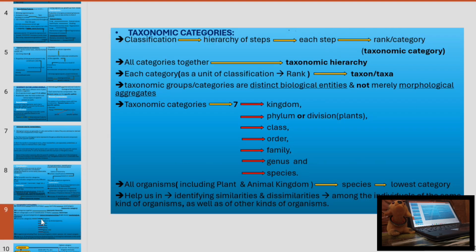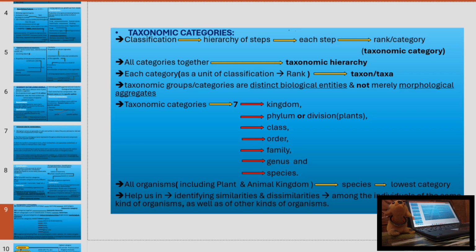And going to the next is taxonomic categories. This is important. Classification. In every classification, there is a hierarchy of steps, and each step represents a rank or category, which we call a taxonomic category.